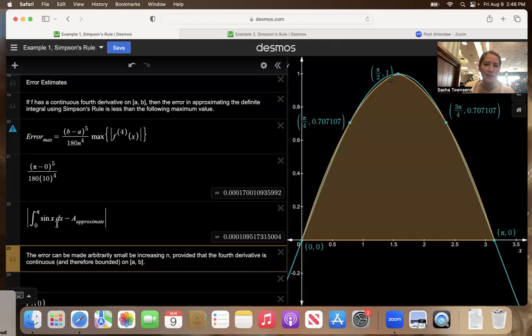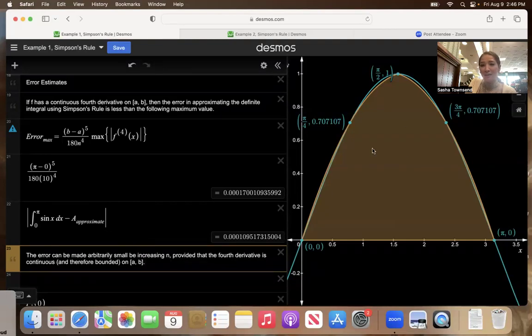So you might just decide, I want to find the value of the integral to this accuracy. How many subintervals do I need to have? Then you could let this error max be less than the error that you want, and then just solve for n essentially. And that would tell you how many subintervals you need to use to get that value.